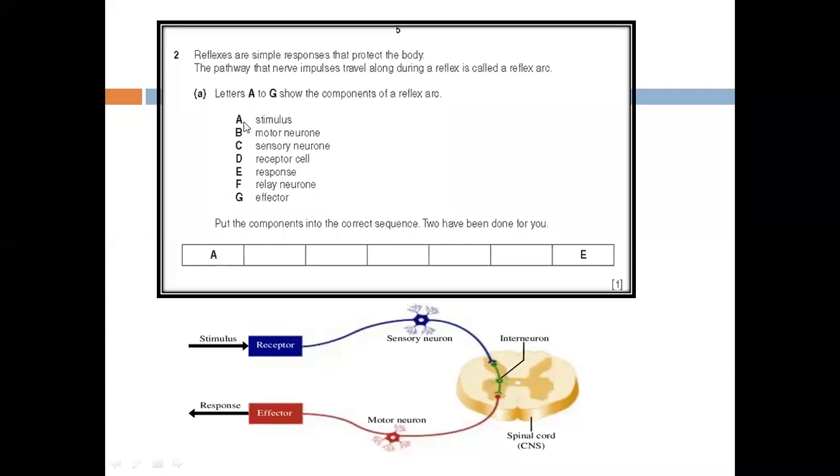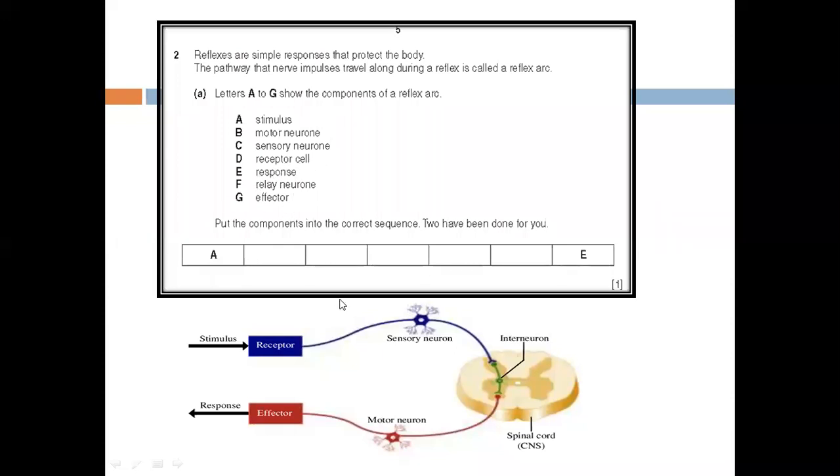Now I think it is easy for you, so you can do this question. The first option is already given to us, A. So the first should be the stimulus, right? And after that, what will happen? The stimulus is received by the receptor. So I will put it here, the receptor. And then that impulse will travel to the sensory neuron. So I will put it here, the sensory neuron, right? And then it will move to the relay neuron. So where is the relay? Yeah, I will put it here.